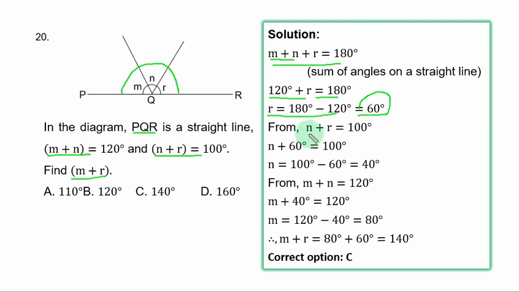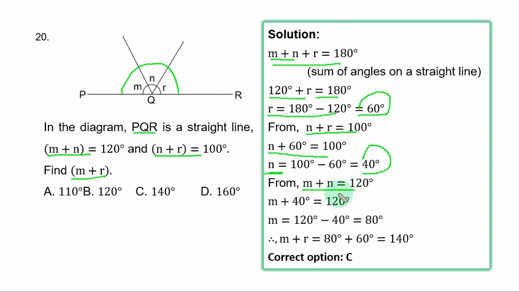So let's start from N plus R equal to 100 degrees. So you have N plus R, that is 60 degrees, equal to 100 degrees. If you collect like terms and subtract, N is equal to 40 degrees. So let's get M using M plus N equal to 120 degrees.